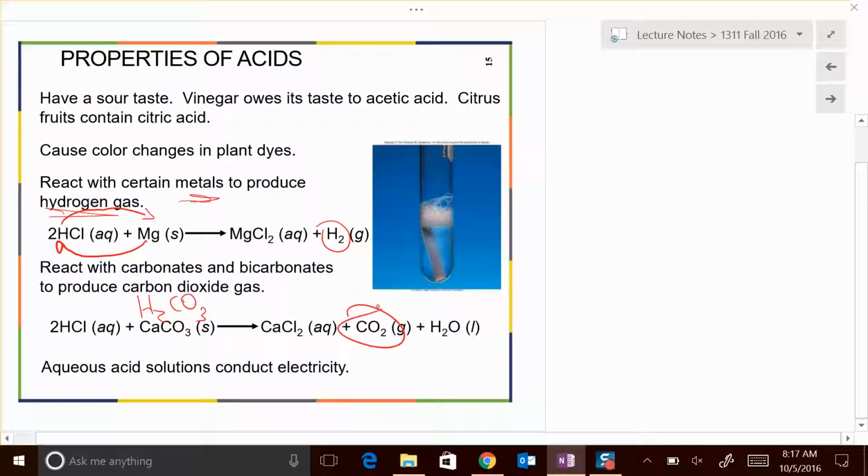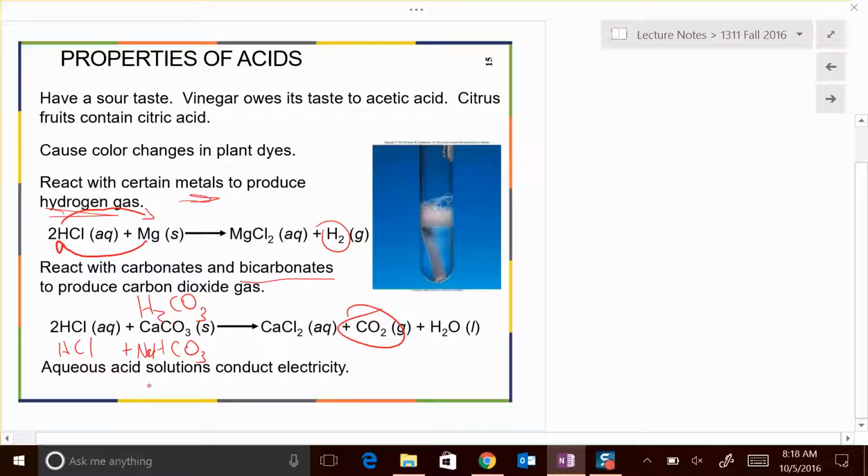Okay, and a very common reaction to show that as well is if you take something like an acid, HCl, and a bicarbonate, HCO3. So let's say sodium bicarbonate. Who knows what sodium bicarbonate is? That's baking soda. Okay? So sodium bicarbonate, baking soda.